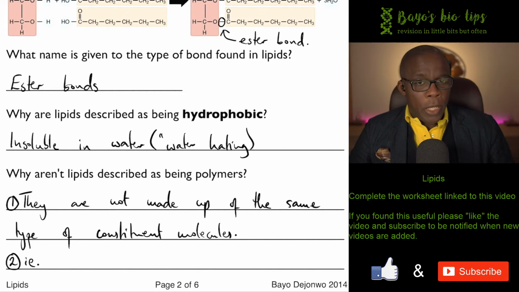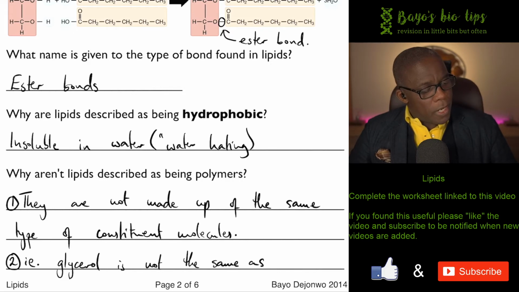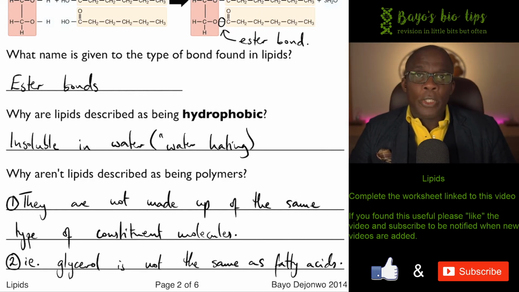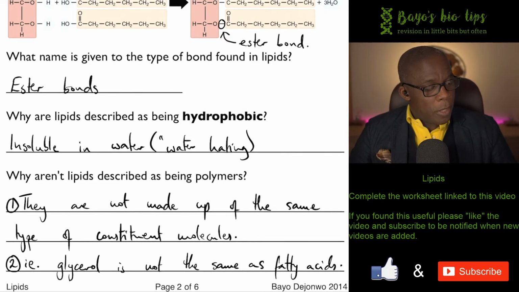In essence, in this case, you end up with glycerol not being the same as fatty acids. Glycerol is not the same as fatty acids. As such, there are two different types of molecules which form triglycerides, as an example of lipids, and as such, they can't be described as polymers.